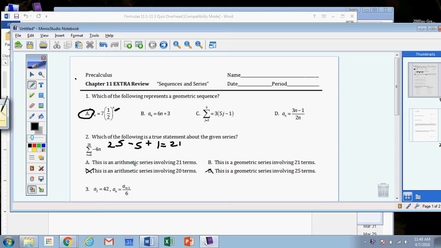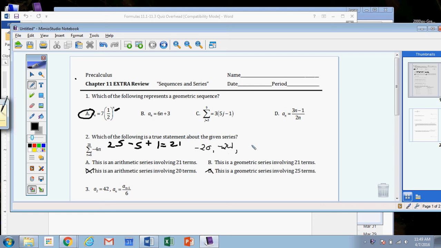Now, in order to figure out whether it's arithmetic or geometric, it doesn't have an exponent, so most likely it's going to be arithmetic, but if you want to check it, let's just plug in a couple of numbers here to see if it's arithmetic. So if I plug in 5, my first term, I get negative 20. My next term, 6, would give me negative 24.